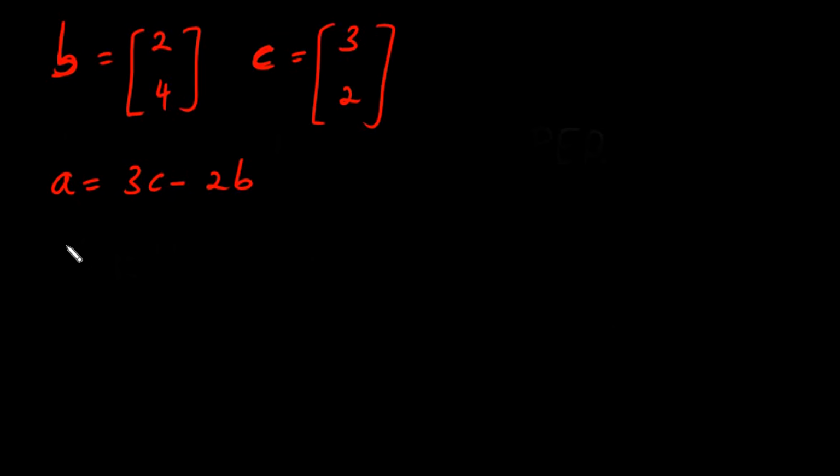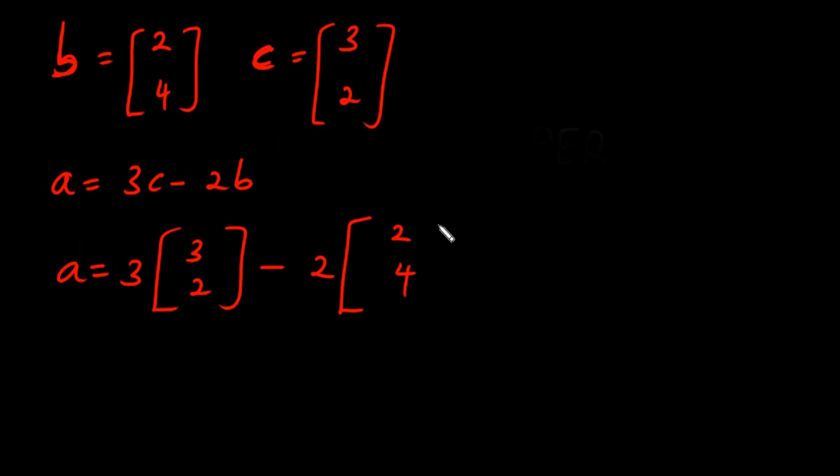So A is equal to 3 times C, so 3 multiplied by vector C, which is 3, 2, and then minus 2 multiplied by vector B, which is 2, 4.